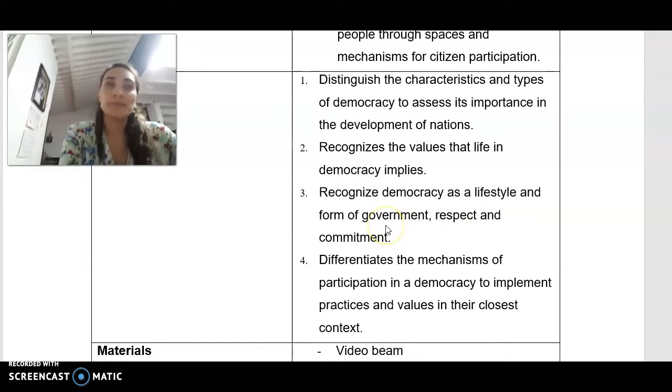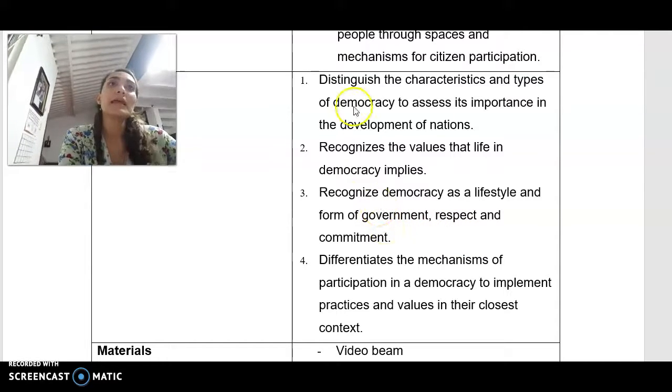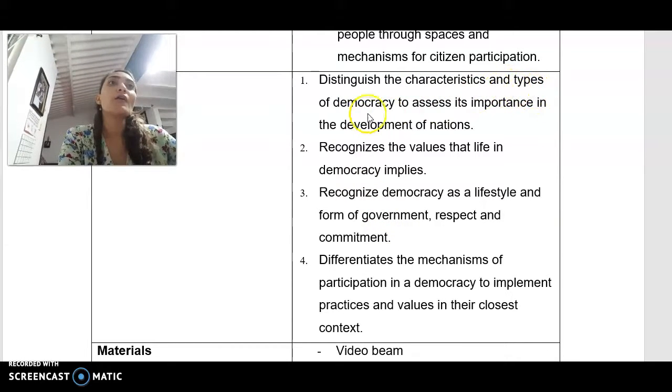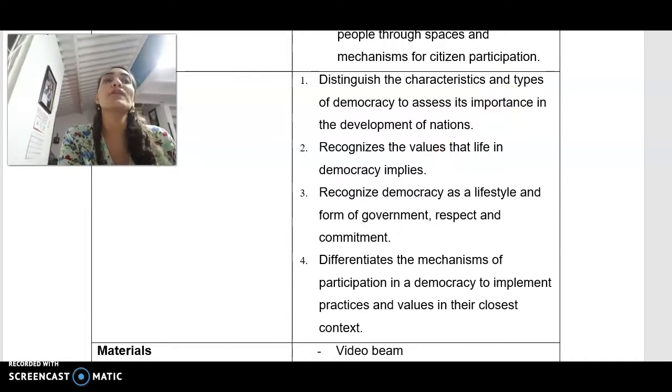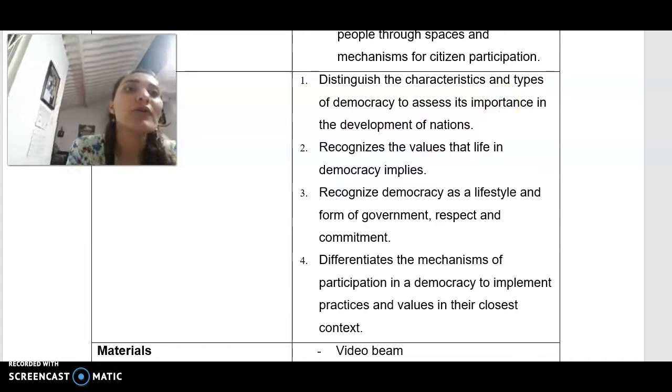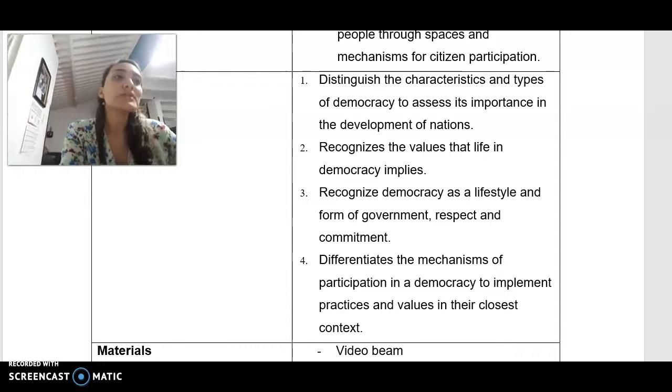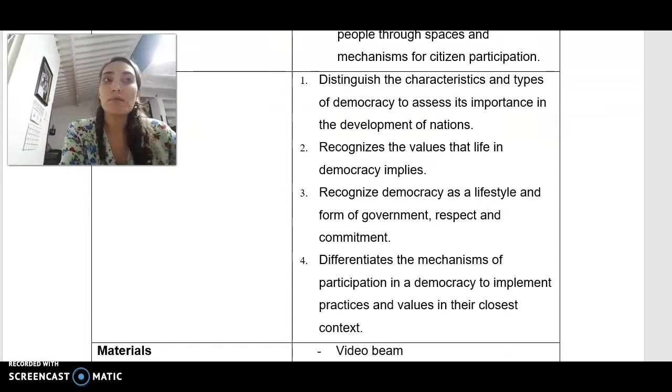Specific objectives. Listing the characteristics and types of democracy, then assessing its importance in the development of nations. Recognizes the values that life in democracy implies.